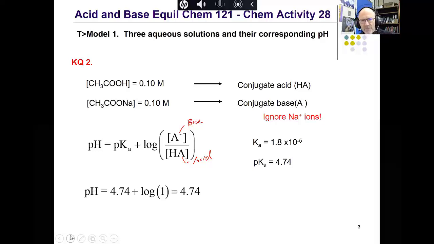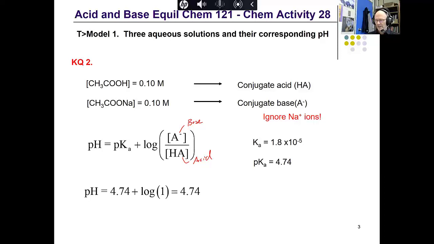And part of what we're doing here is, in order to plug in values, I need to take the Ka for my acetic acid, which is 1.8 times 10 to the negative 5. Now that value will either be given to you or you'll be looking it up in a chart.